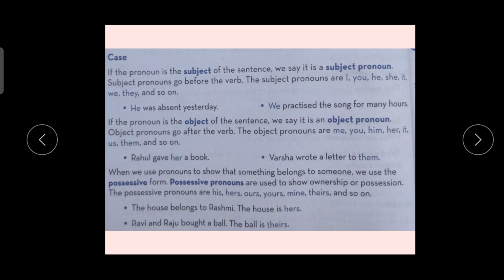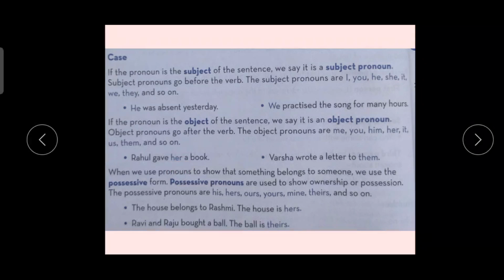Is it clear? Now we will take the examples. Rahul gave her a book. Varsha wrote a letter to them. See, here in both these sentences, the pronoun her is being used after gave. Gave is a verb, so we can say that her is placed in the position of an object.